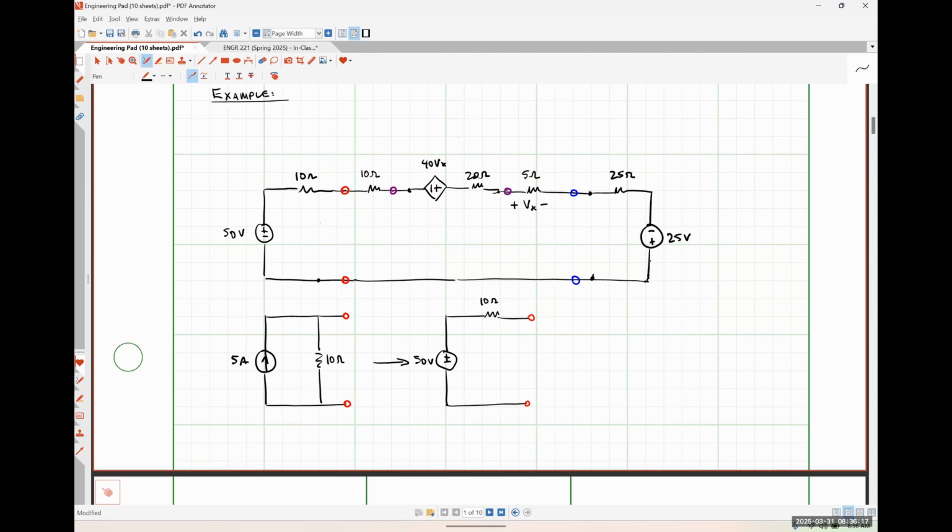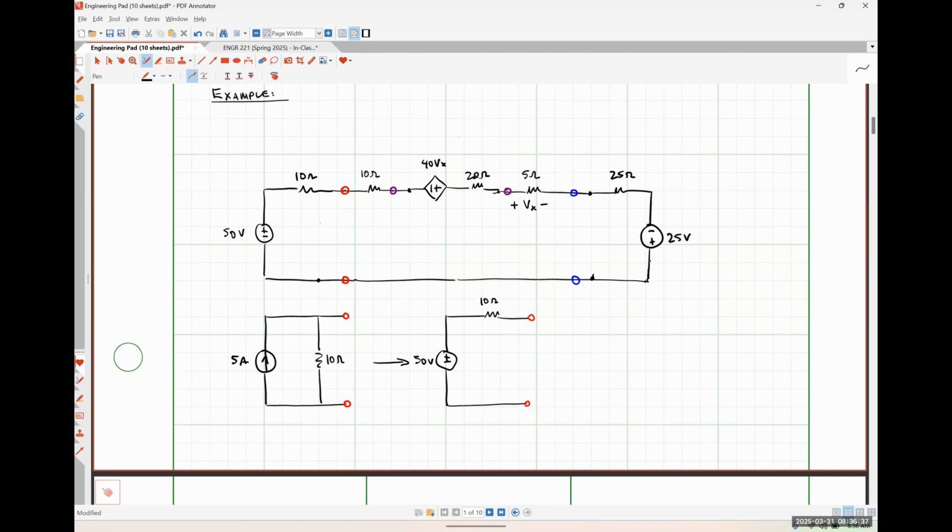So I've used source transformations to convert this circuit from something that had 5 equations, 5 unknowns using either nodal or mesh to literally a single loop circuit that we could have analyzed on the 3rd day of class.